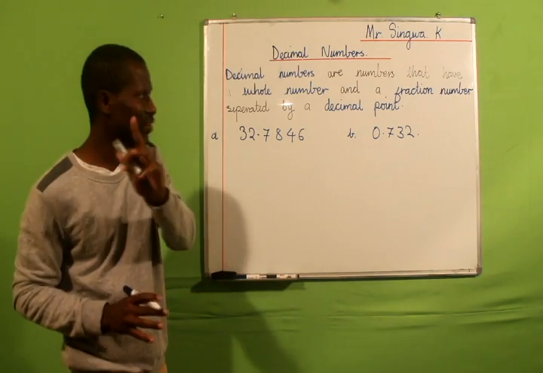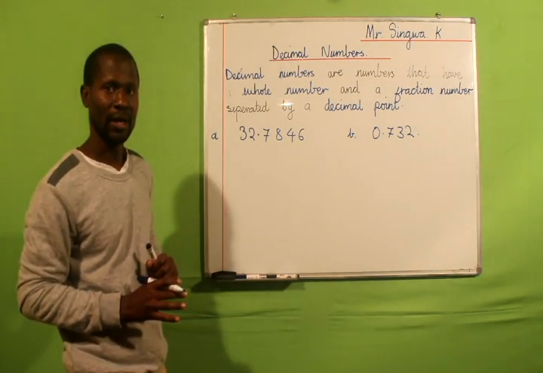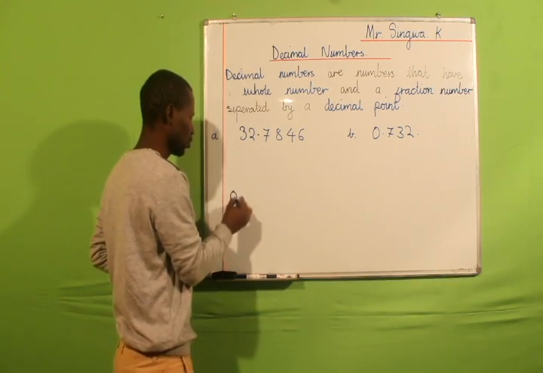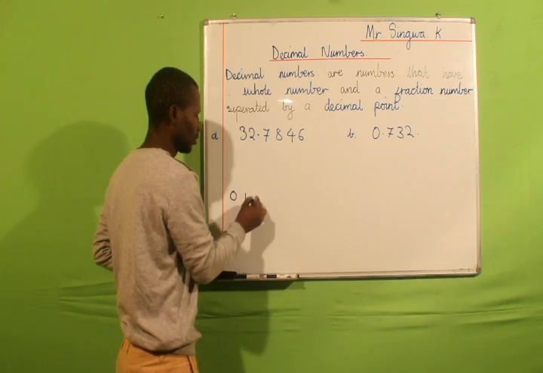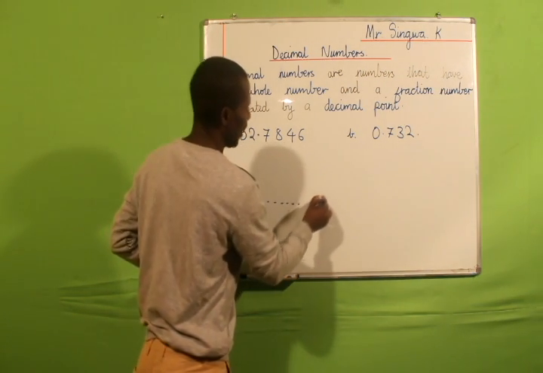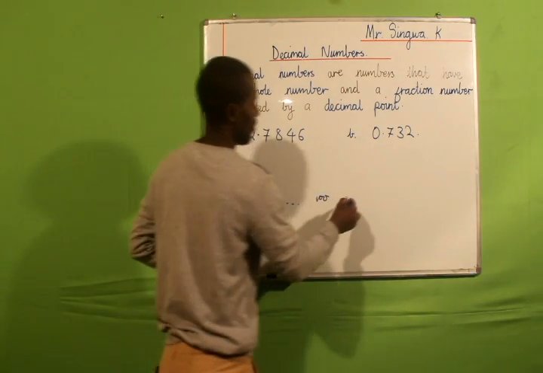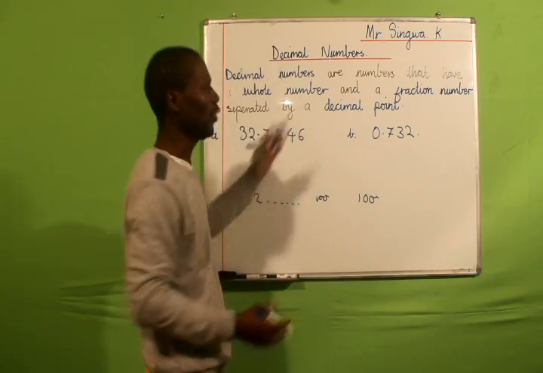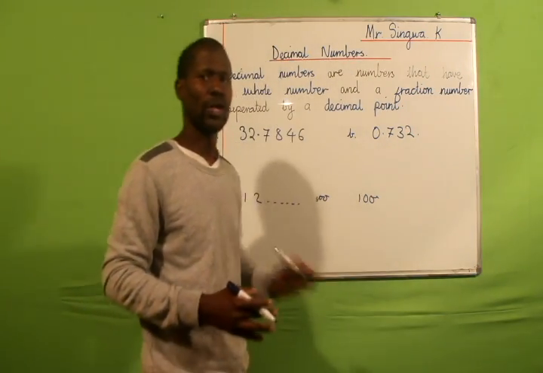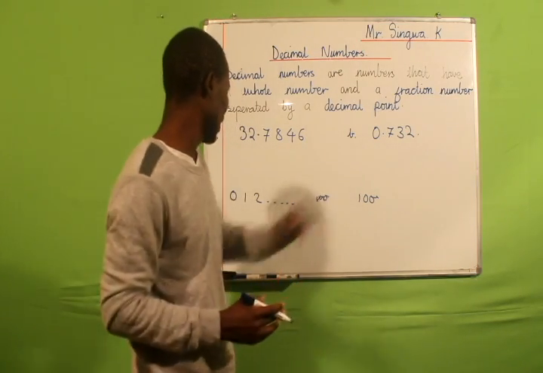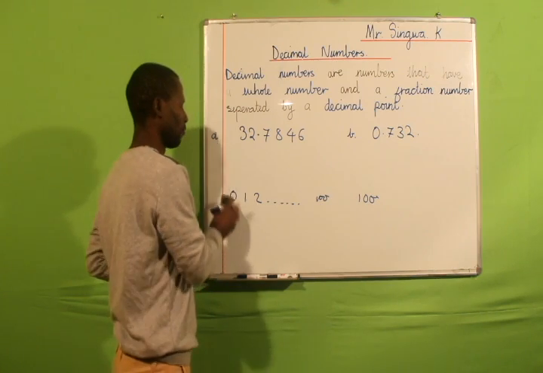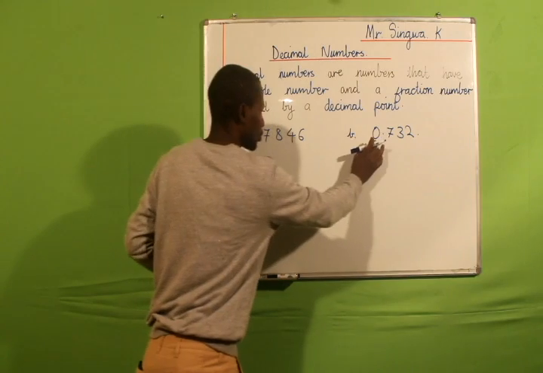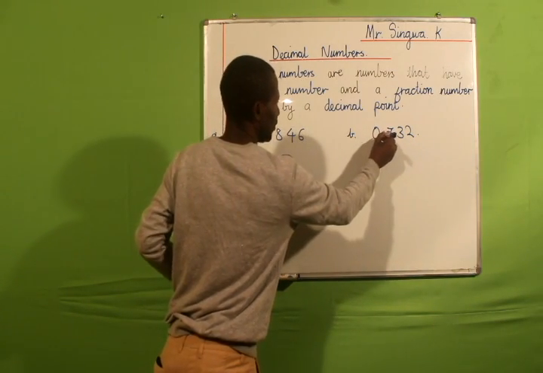Remember that 0 is also part of a whole number, like we learned before. We said any number that starts from 0, 1, 2, and going up, 100, 1,000, 2,800, going on and on. These numbers, they are in a category of whole numbers. So 0 is also part of a whole number.